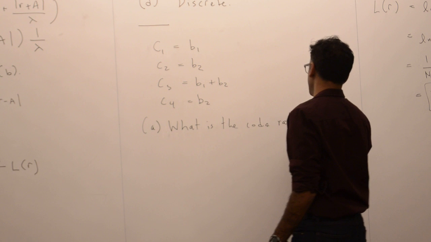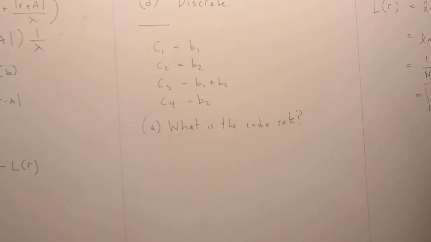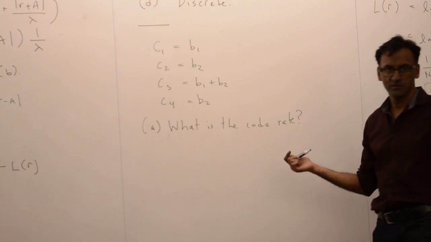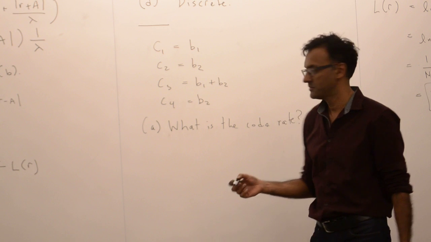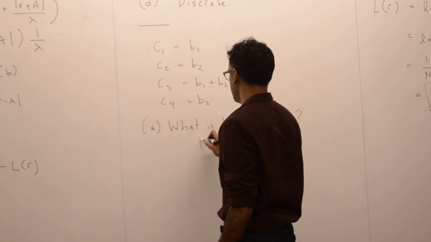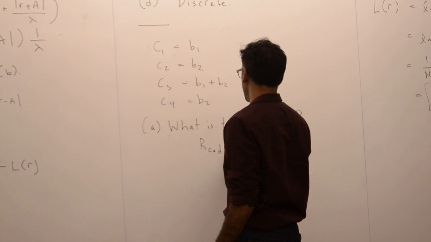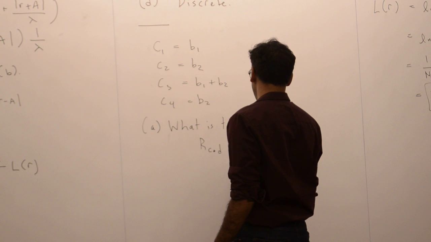This is easy. What's the code rate? How many input bits are there? You take 2 bits in and you get 4 bits out. So the code rate is? Okay, half. All right. You guys need to review this.